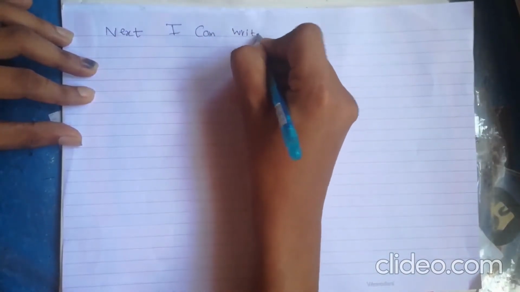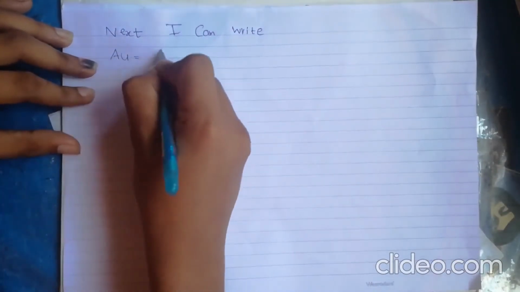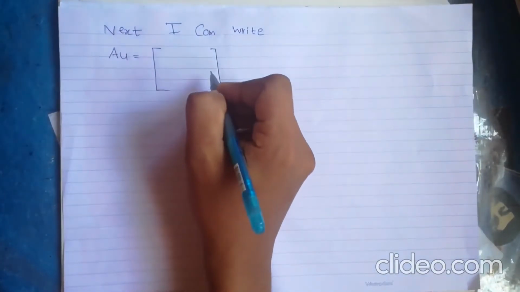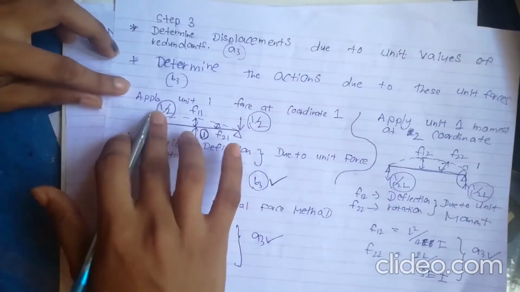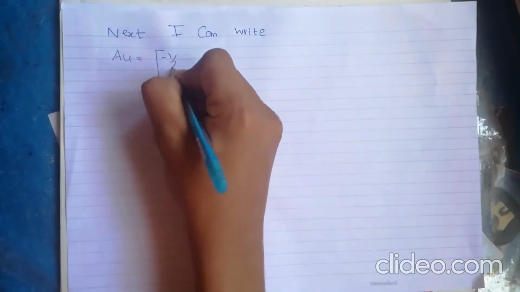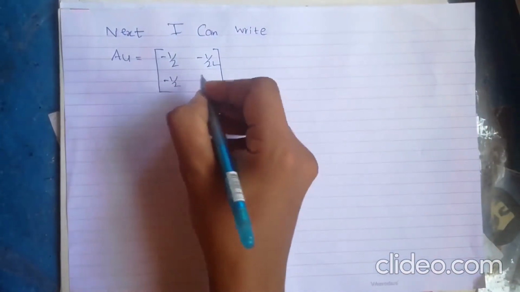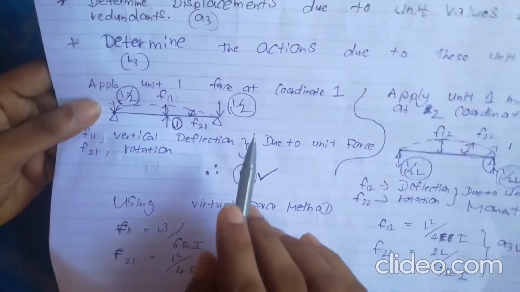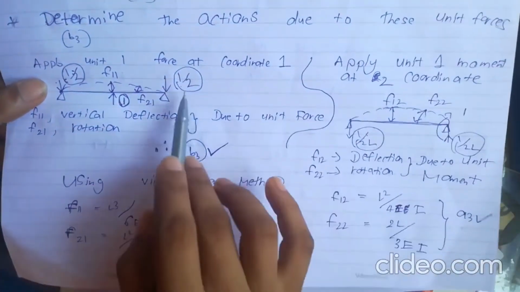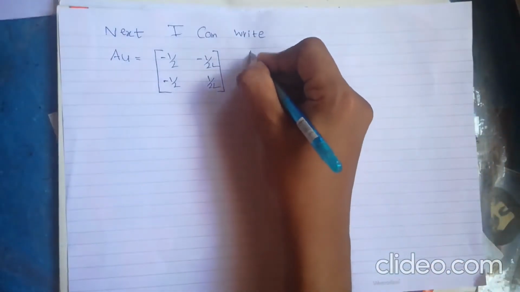Next, I can write those reactions in matrix form too. Finding those reactions is not so hard. Just consider the equilibrium. Downward negative. Upward positive.